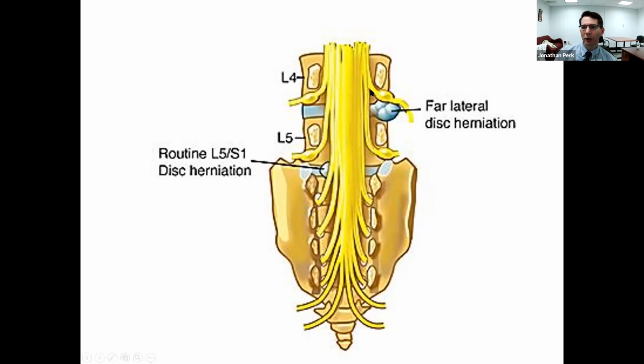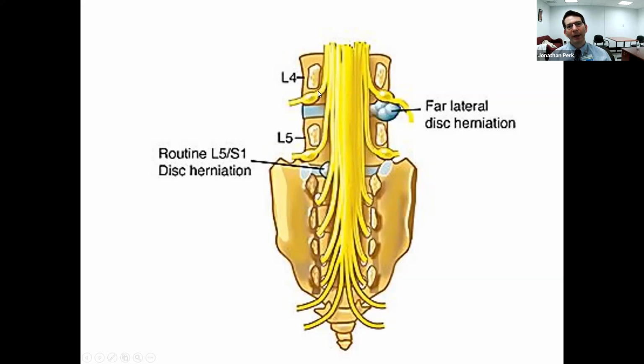We said earlier that the name of the root corresponds to the vertebra above it. So in this case, you see the mouse hovering over the L4 root, because the L4 goes below the L4 vertebra. It goes below the L4 vertebra.